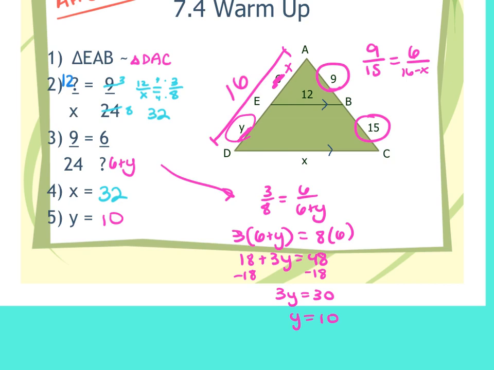Nope, that would be x. You'd have one of those pieces and you'd be trying to find the other part. So only if it gives you the whole and you're trying to break it up into one of these two, that's when you would subtract it. Does that make sense? Okay. Any other questions on 7.4?